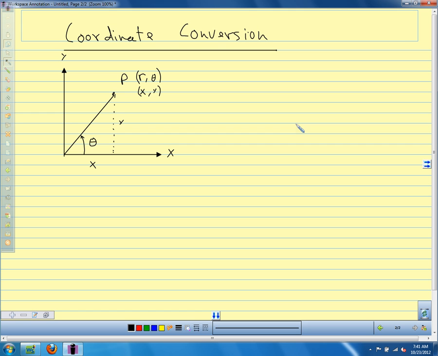So let's remember our coordinate conversions. If we want to represent x, how do we represent x in terms of our polar coordinates? x is r cosine theta. We've all seen this a bunch of times. y is r sine theta. How do we find our angle?